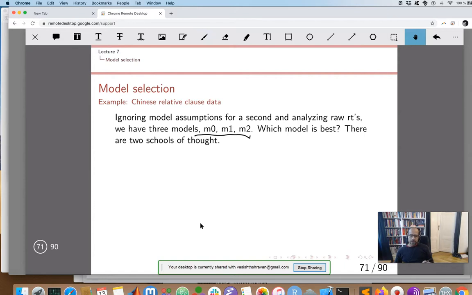I want to warn you that in most published work you will find these kinds of models published on the raw reading times. People never check the normality assumption, but I strongly advise you to make sure that you approximate the model assumptions when you're doing hypothesis tests.